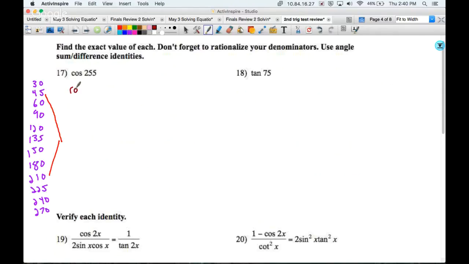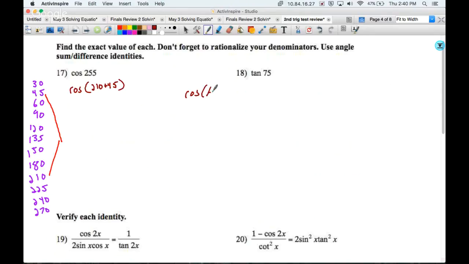So I'm going to rewrite this as cosine not of 255, but of 210 plus 45. Now I can use the cosine addition formula. Let me write it off to the side.